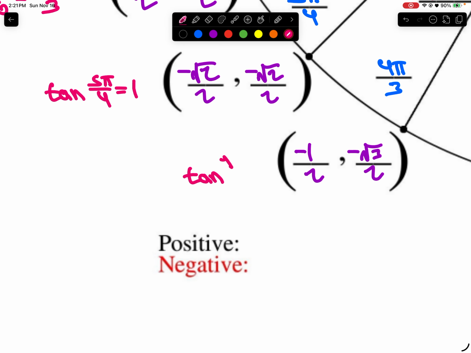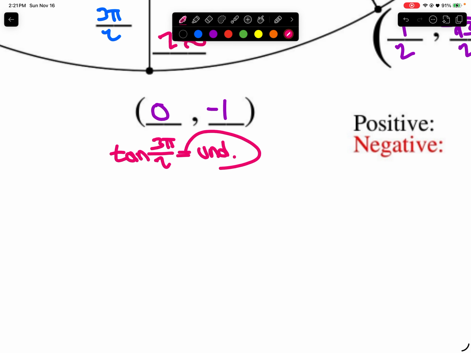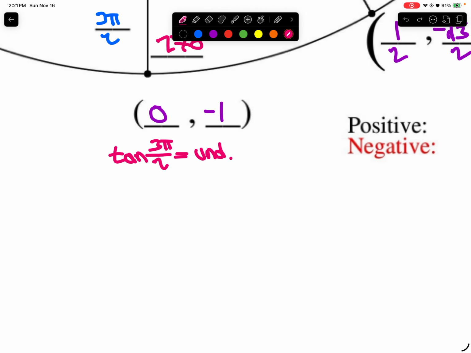Tangent of 4 pi over 3, that's a 4. Oops, move over. This is going to be positive root 3. And then tangent 3 pi over 2, this is undefined. So I'm totally fine if you write just U and D for undefined, totally fine with that.